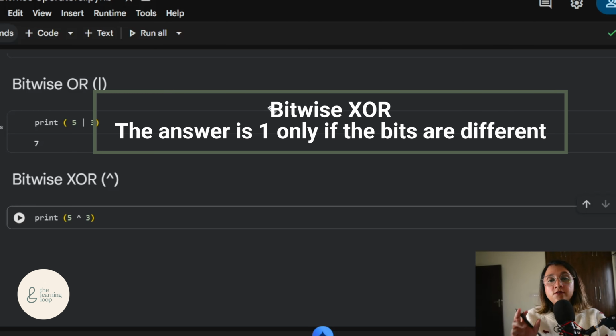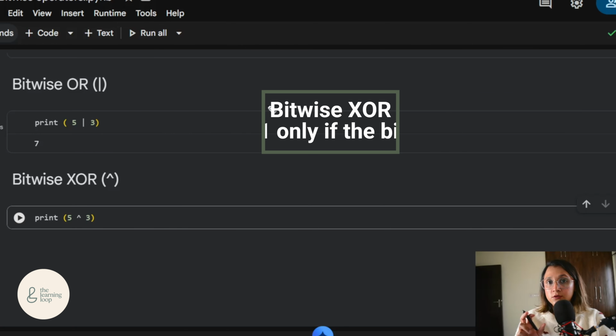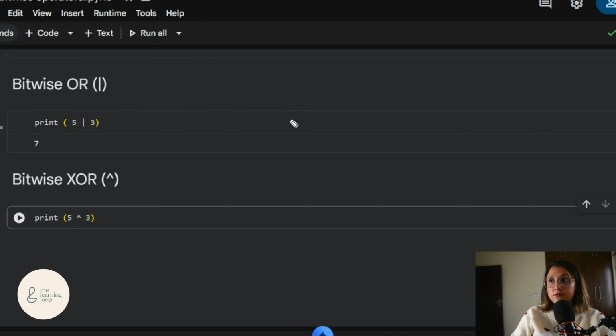XOR says if both the bits are different, then the final result should be 1, otherwise it should be 0. Let's understand with 5 XOR 3. 5 in decimal is presented as 101 in binary, and 3 in decimal is presented as 011. Now XOR says if both the bits are different, then set it as 1, else set it as 0.